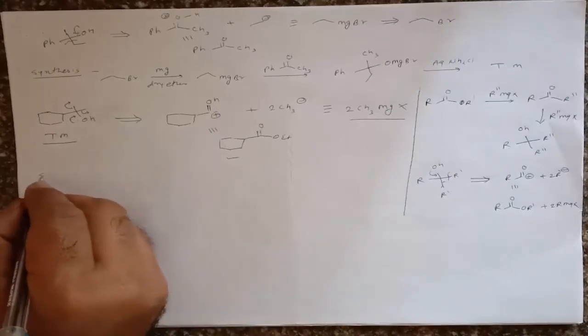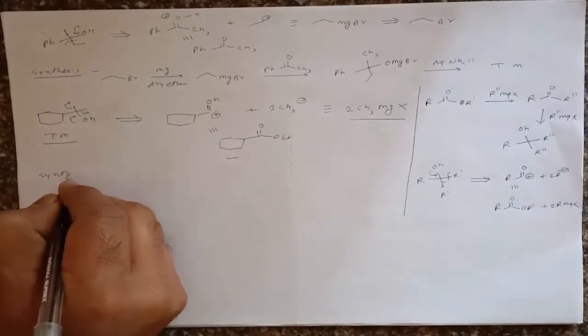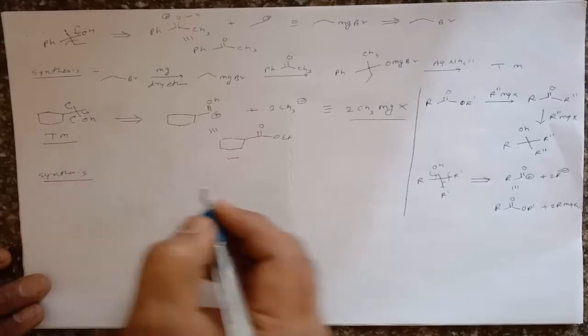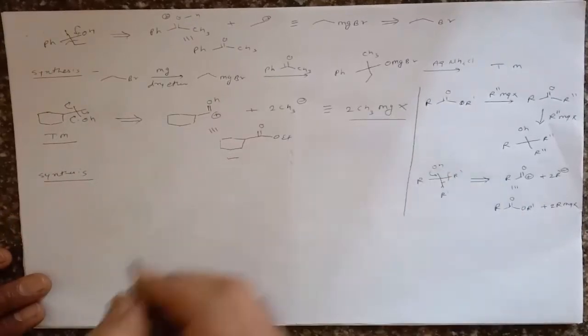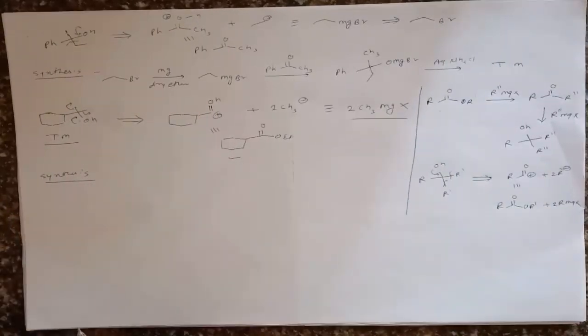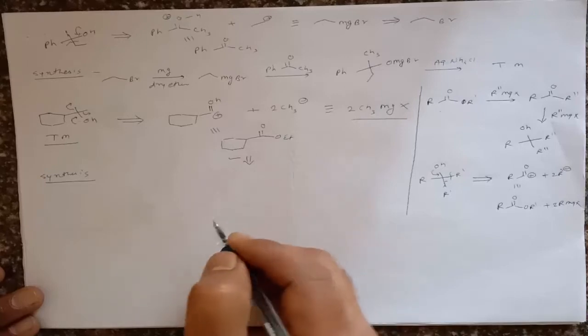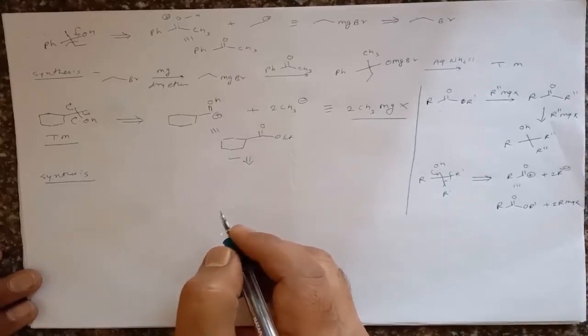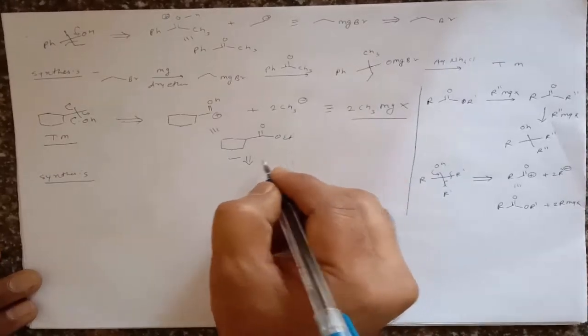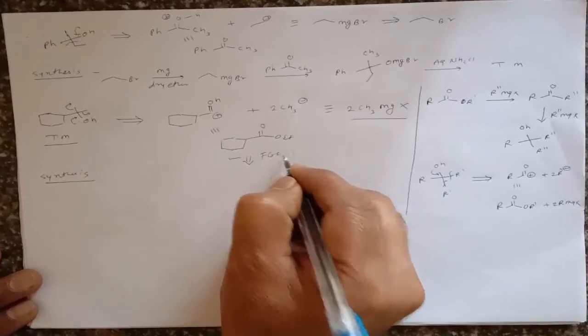Then if we synthesize this molecule, we take such an ester and add the Grignard reagent, but this molecule is not available and therefore we have to again break this molecule. If we break it at this position, then we have to do a functional group interconversion, right?